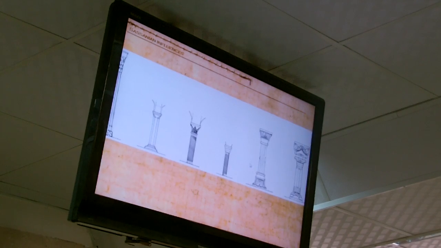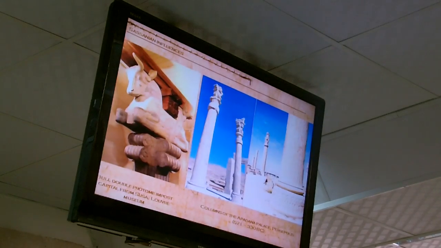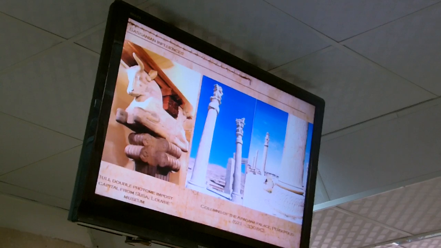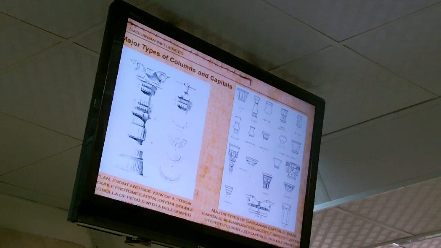Then we have the impost capital. Then we have stepped or corbelled capitals, like this one over here.